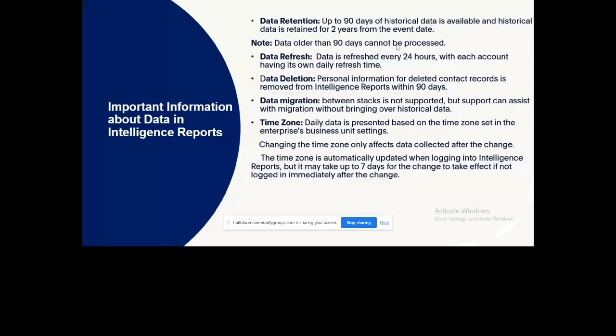For example, assume you were using SFMC for a long time, but now we get access to the intelligence report. At that point, you can get the last 90 days of data, whatever data was present with respect to email and push notification.